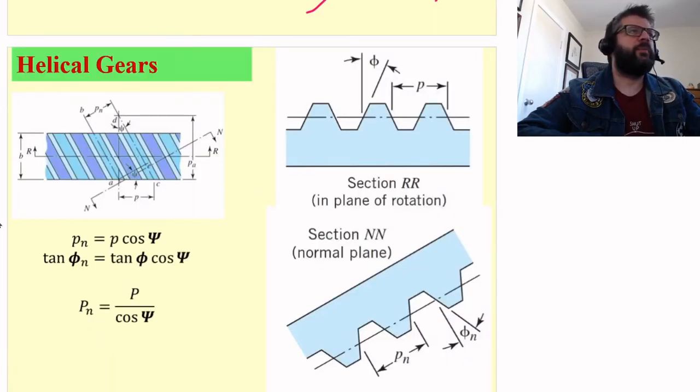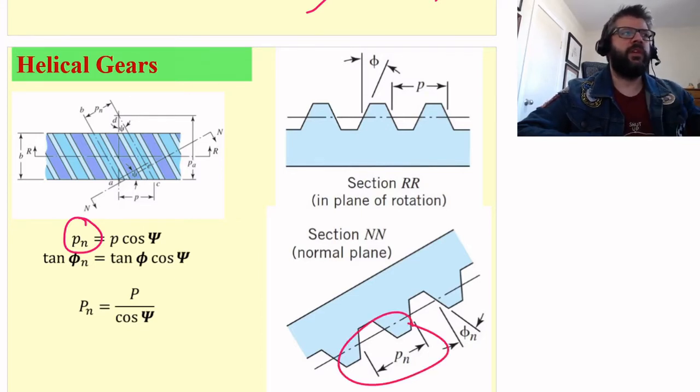So when we compare those two, the normal module, measured normal to the tooth, is going to be the module here, measured from here to here, however whichever points you want to measure it from, times the cosine of the psi.